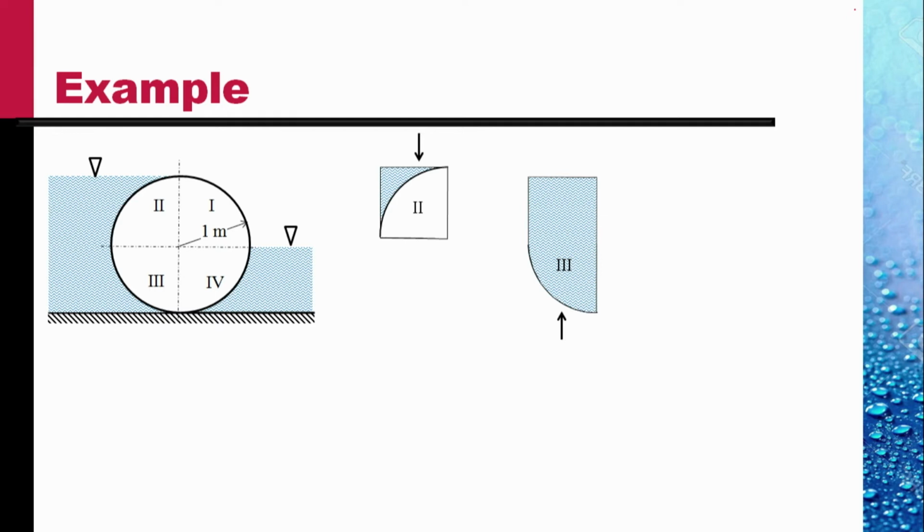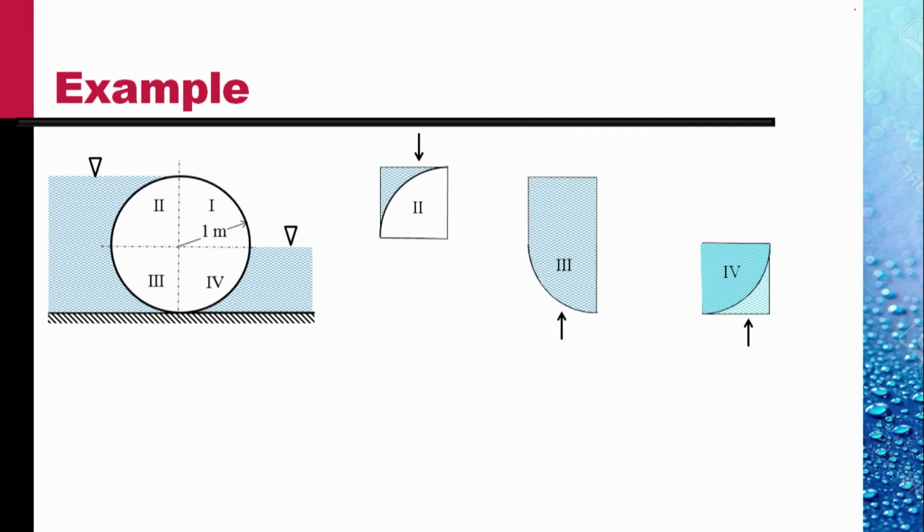So, the vertical force which is upward on this surface in quadrant 3 would be equal to the weight of this area of the liquid shown. On the fourth quadrant, the force would be the weight of the darker blue area of the liquid shown.